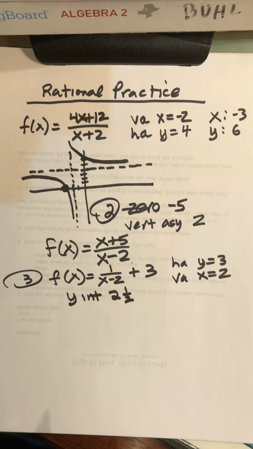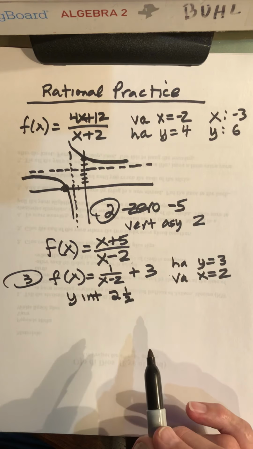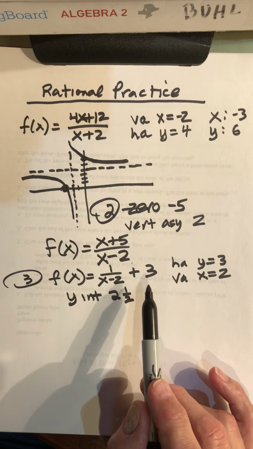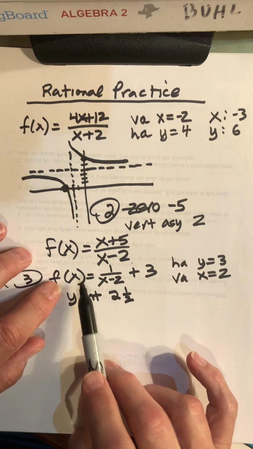Well, there is no x-intercept, is there? Oh, but there wouldn't be if it were just 1 over (x minus 2). But remember, I've shifted this thing up 3 and 2 to the right. So this is going to have an intercept. Let's find out what that would be. That's when y is 0.